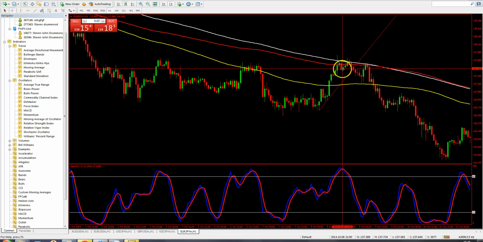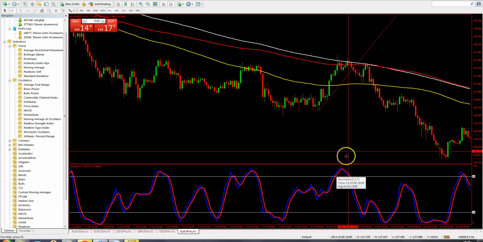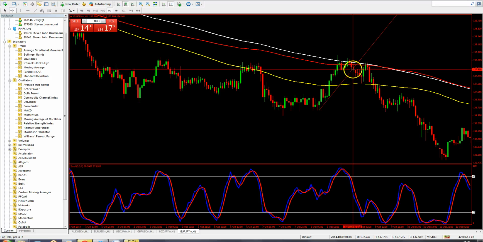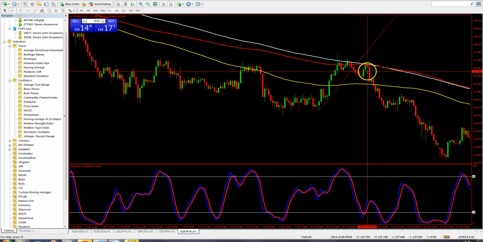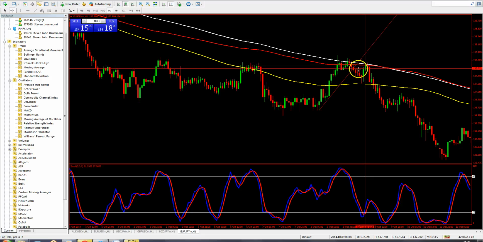Okay, so we had a nice sell signal here with a bearish engulfing candle. Stochastic was overbought, and if you didn't get in there because it was 8 o'clock at night GMT, let's just say 2 o'clock in the morning, and then the price came back up here 9 o'clock in the morning, and you can clearly see you got an opportunity to get in at the same level, if not just a little bit higher.